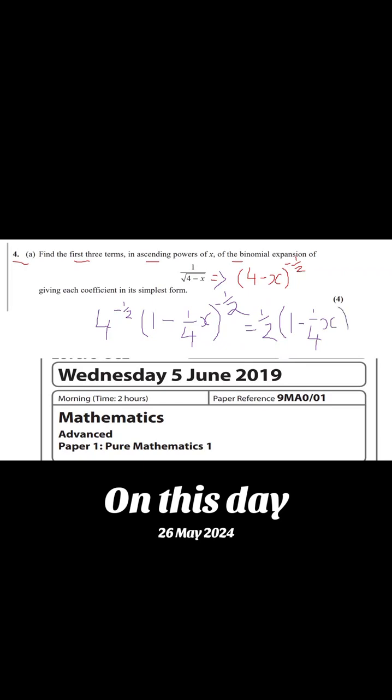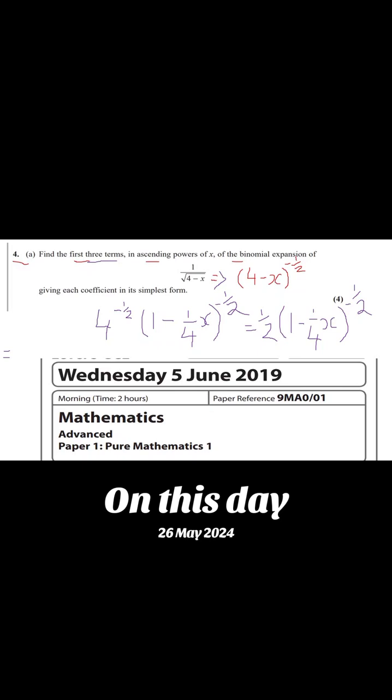Now it's just a case of using our formula, which is given in our formula booklet: 1 plus ax to the power of n is 1 plus nx plus n brackets n minus 1 over 2 factorial times x squared. Always check and read how many terms they want. They want the first 3 terms, so we go up to the x squared term.